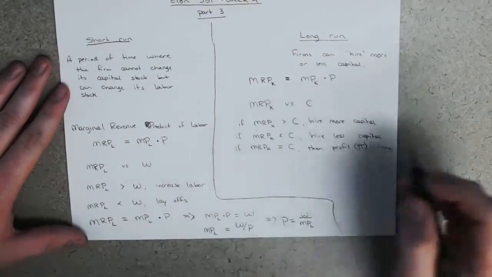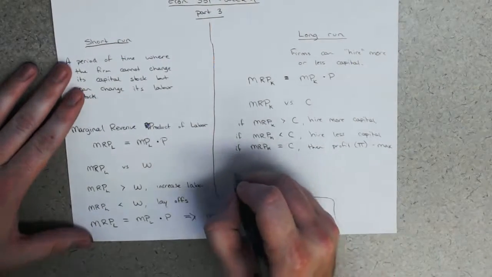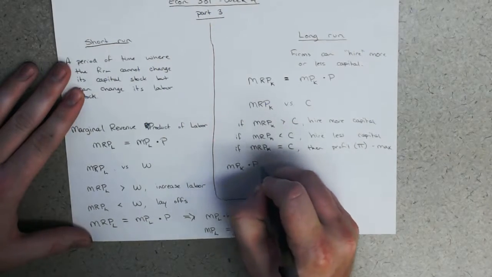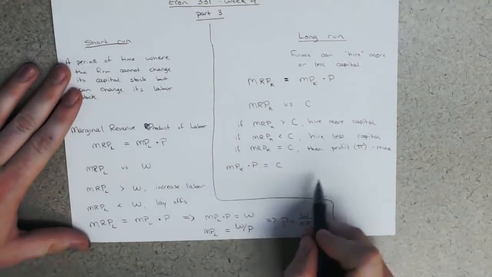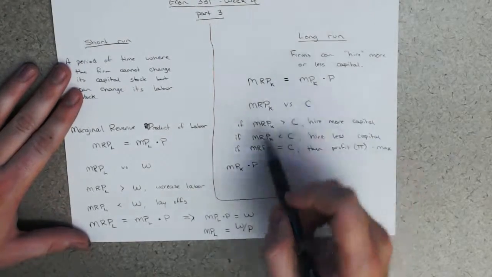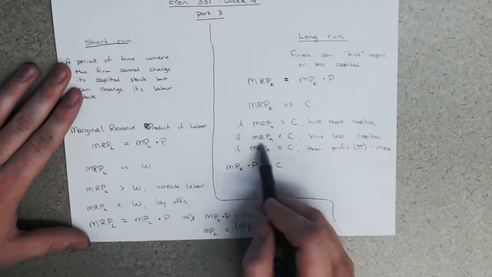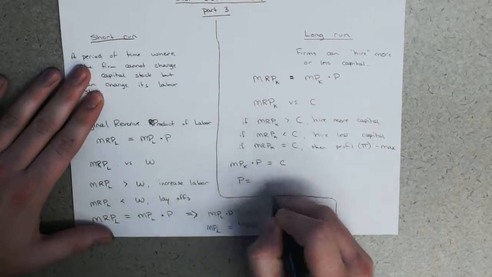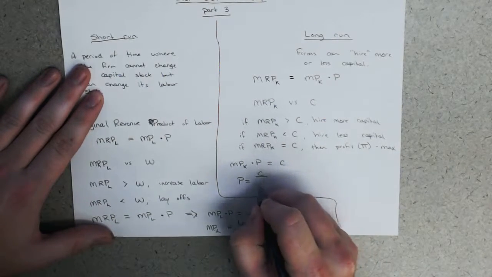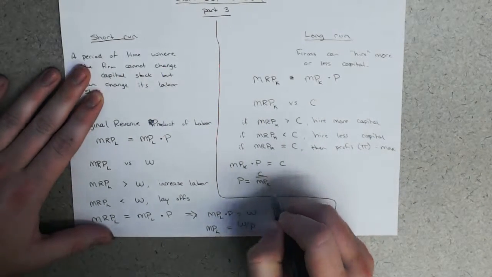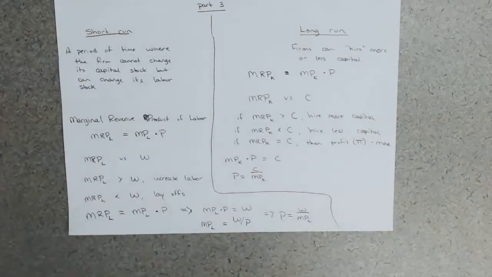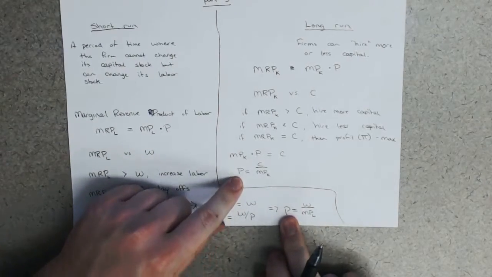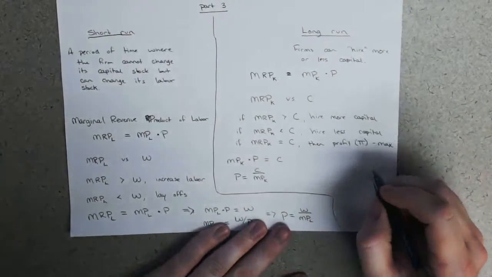Now we can do the same sort of substitution here. So we can say MPK times P equals C, right? If we're maximizing profits, this should be true. I've just substituted this in here for right here, okay? And we can say, P equals C divided by MPK, right? And since we have price being the same price in both of these things, we can say that these are exactly equal, right?